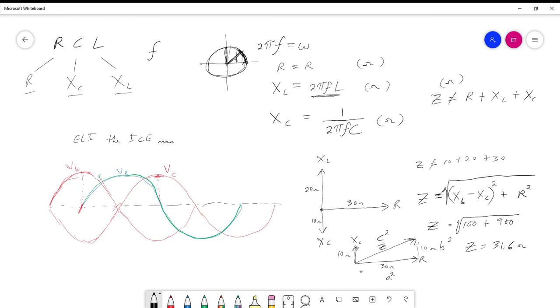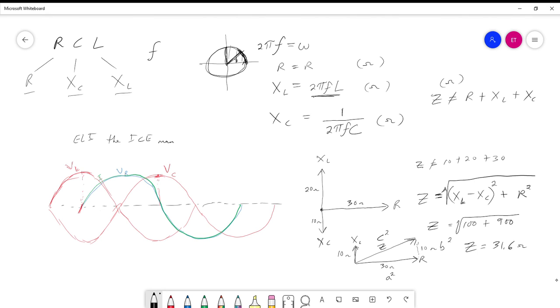Overall, the total opposition to current in this circuit would be 31.6 ohms of total impedance. And that's what you do Ohm's law with. This is how you would know the circuit current right here. Well, it's an introduction, isn't it? I guess this might seem like a lot.